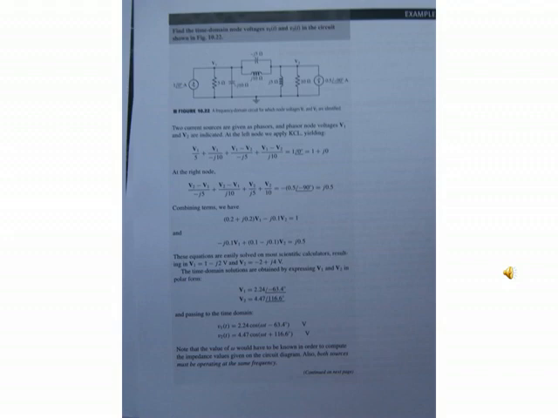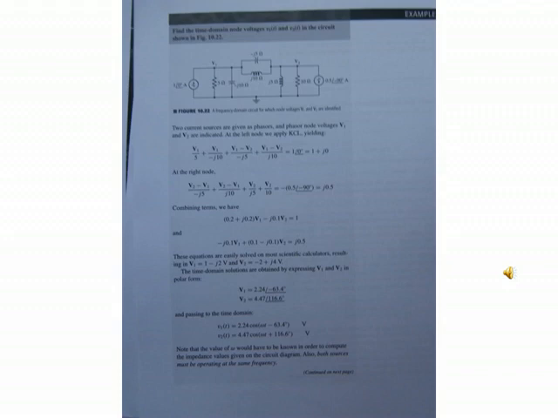Therefore V1 by 5 is the current flowing through the 5 ohm resistor, and V1 by minus j10 is the current through the minus j10 ohm capacitor. V1 minus V2 divided by minus j5 is the current through the minus j5 ohm capacitive reactance, and V1 minus V2 divided by j10 is the current through the j10 ohm inductive reactance.